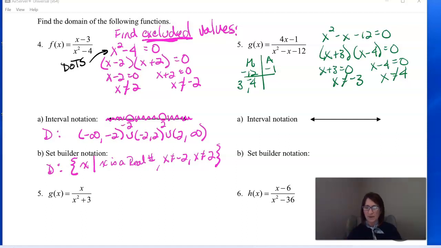Okay, so if I put -3 and 4 on the number line, shade in around those, it helps me identify my intervals.